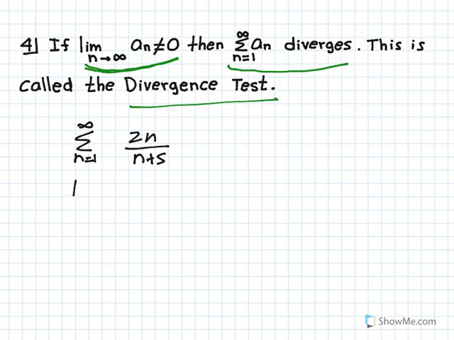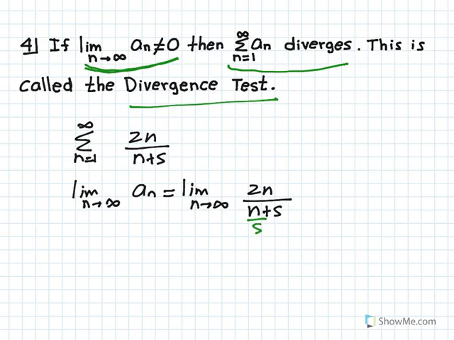All right, if we take a look at the limit as n approaches infinity of a sub n, this is equal to the limit as n approaches infinity of 2n divided by n plus 5. Divide by the highest power in the denominator, divide by n, divide by n, divide by n, and take the limit. So we get the limit as n approaches infinity of 2n divided by n, over n divided by n plus 5 divided by n.